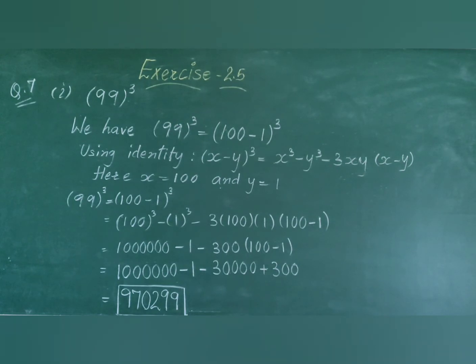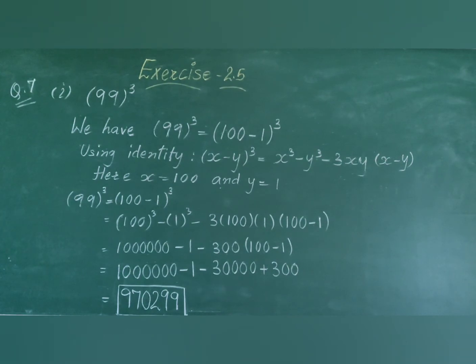Now we can see that yes, according to our identity, we are having two terms. So we can expand it. So we use the identity, that is (x minus y) whole cube equal to x cube minus y cube minus 3xy into (x minus y). Now when we compare the values given in the question with the identity, we can see that x is 100 and y is 1.